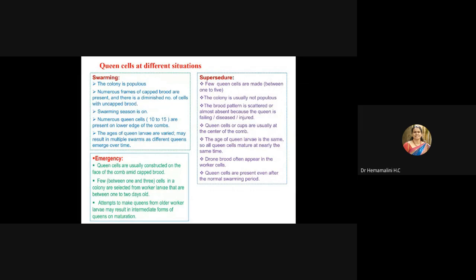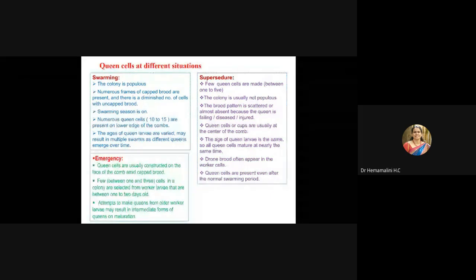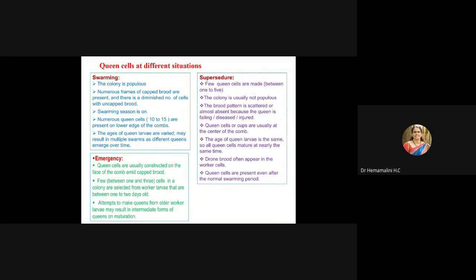New queen cells are formed at different times. One is during natural swarming processes, or else the second one is during emergency, where the queen cells face any natural disaster. They may die or they may be injured. Or else in the other condition where the queens are aged, that is called supersedure. When the queens are aged and their productivity is reduced, they lay very few eggs and their performance is reduced.